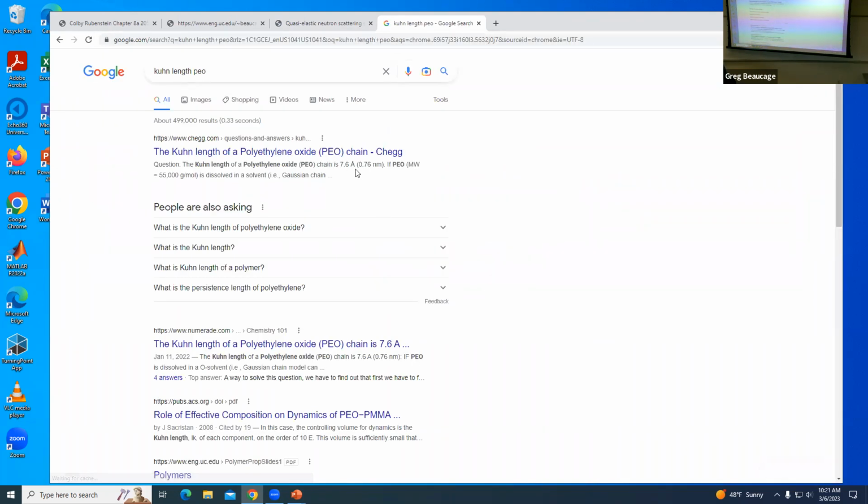Polyethylene oxide is 7.6. The Kuhn length is 7.6 angstrom, if you can believe that. Let me see for a second there.